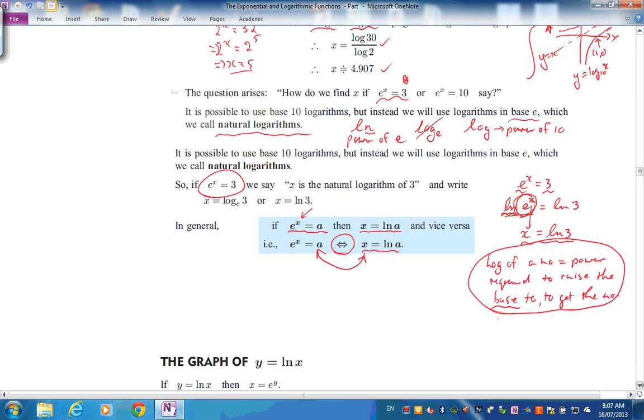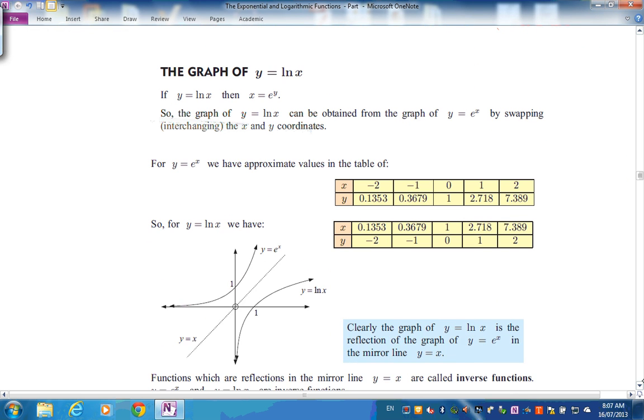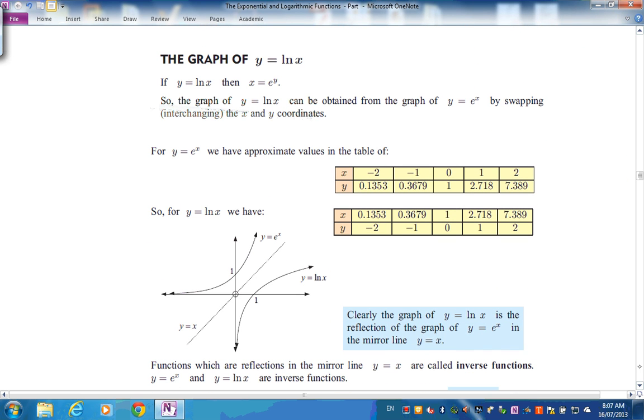Okay, let's go down and have a look at doing some work with ln, and I've already mentioned this now. So y equals ln of x means x equals e to the y, if you like, using that same idea. If y is the log of x, then y is the power of e to get x.